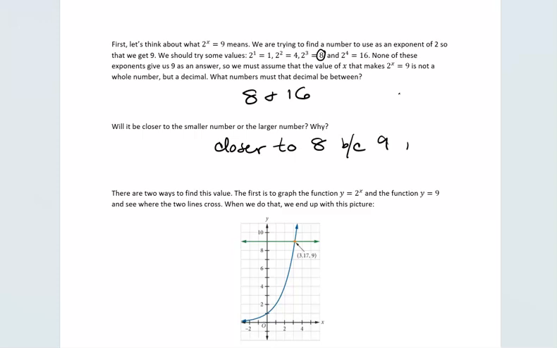Well, not 8, sorry. That's not true. It's going to be between 3 and 4 because those are the exponents. So they're actually going to be between 3 and 4. It's going to be closer to 3 because 9 is closer to 8.